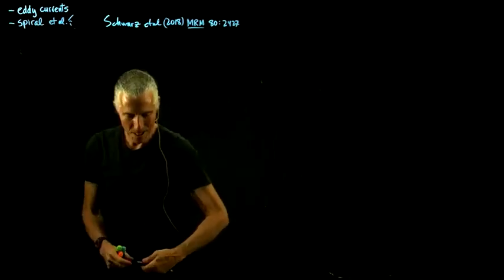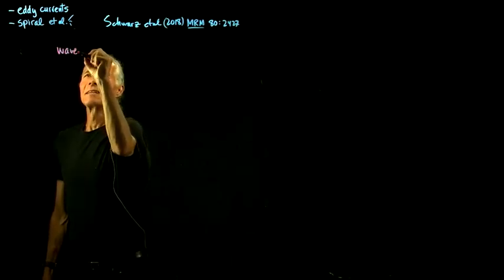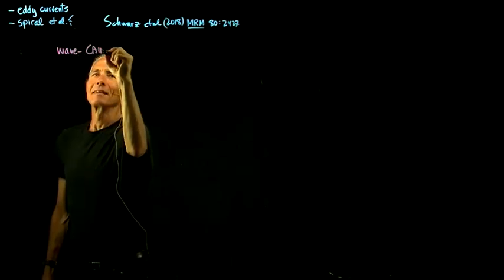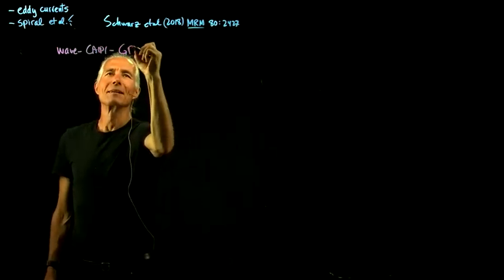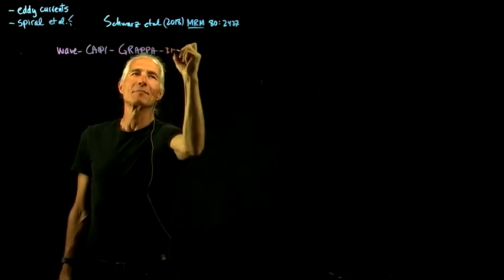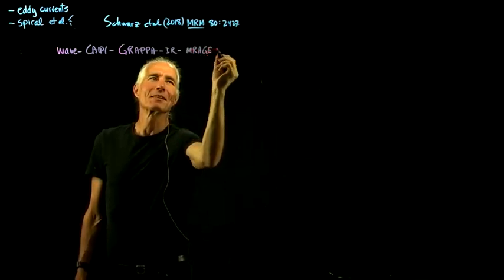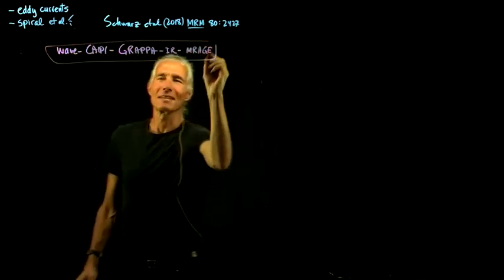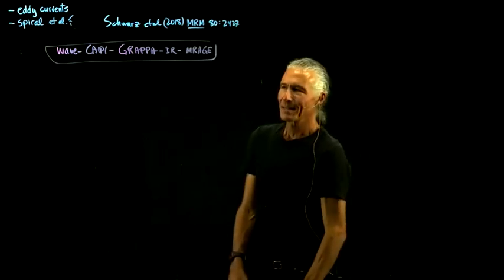It's a Wave-CAIPI GRAPPA inversion recovery MP-RAGE. So what are all those things? And how can you get a high resolution scan, like a 1 by 1 by 1 scan, in 40 seconds?